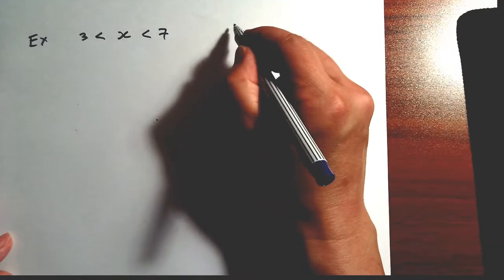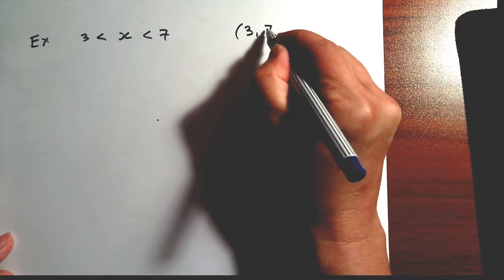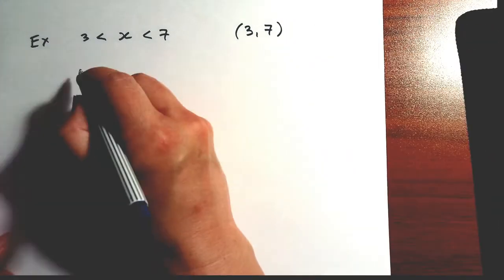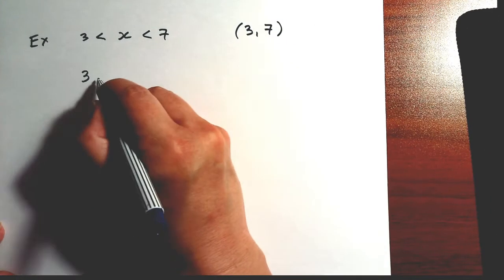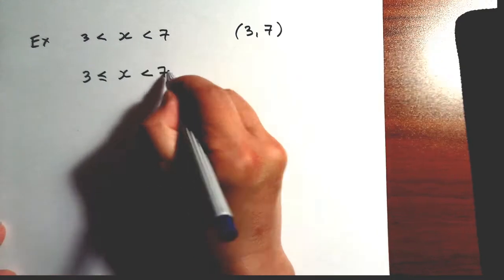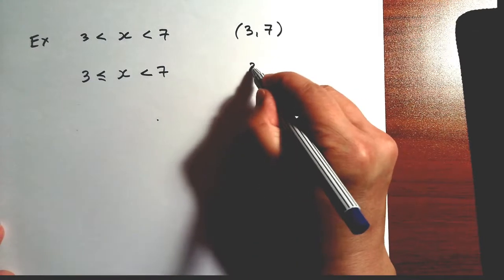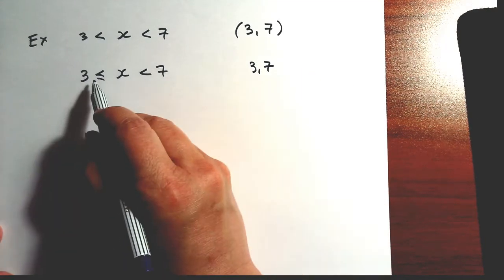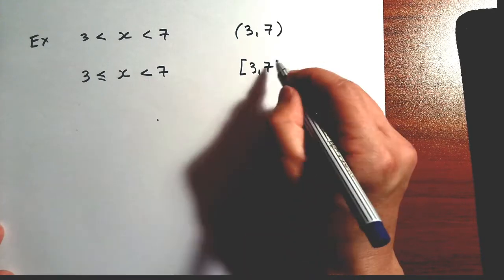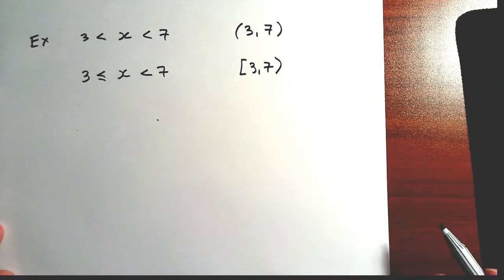So 3 to 7 using round brackets means exclusive. How about 3 less than or equal to x less than 7? One look, you can tell it's from 3 to 7, and this is inclusive, so you use the square bracket. This is exclusive, so you use the round bracket.